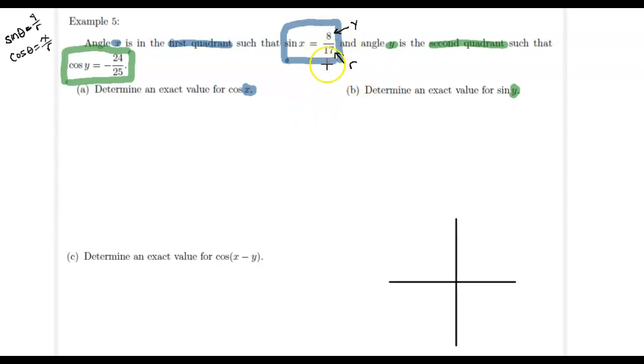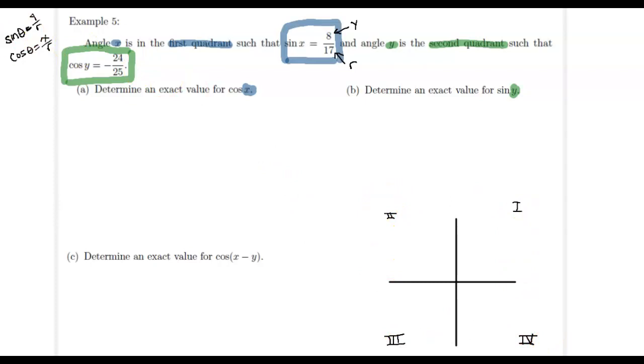Since they are both positive, and I am in the first quadrant, let's remember our quadrants. Up here is quadrant 1, quadrant 2, quadrant 3, and quadrant 4. They're always denoted in Roman numerals.